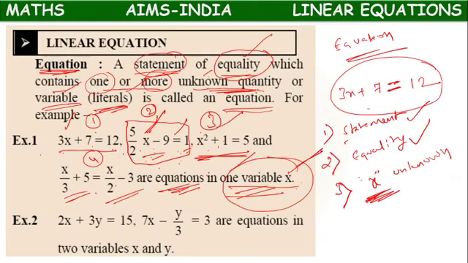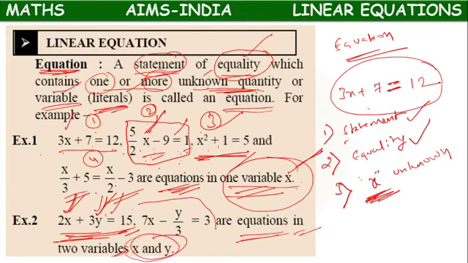Sometimes we can have equations like this: 2x plus 3y equals 15. Equality is there, unknown value x is there, unknown value y is there, so it is an equation. But here there are two unknown values. In one equation we have two variables, so it is an example of an equation in two variables, x and y.